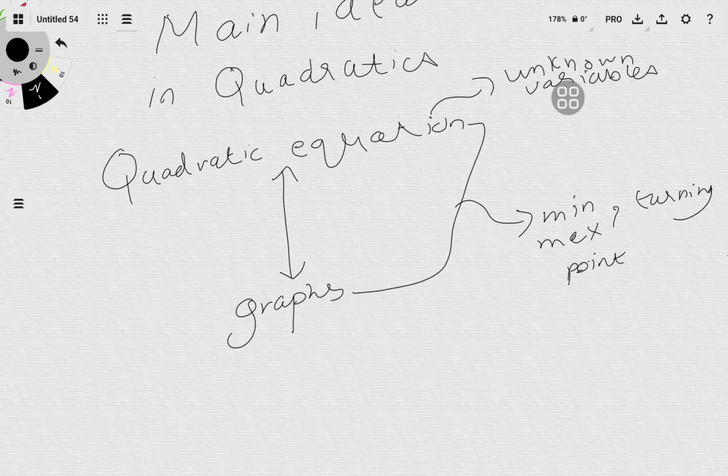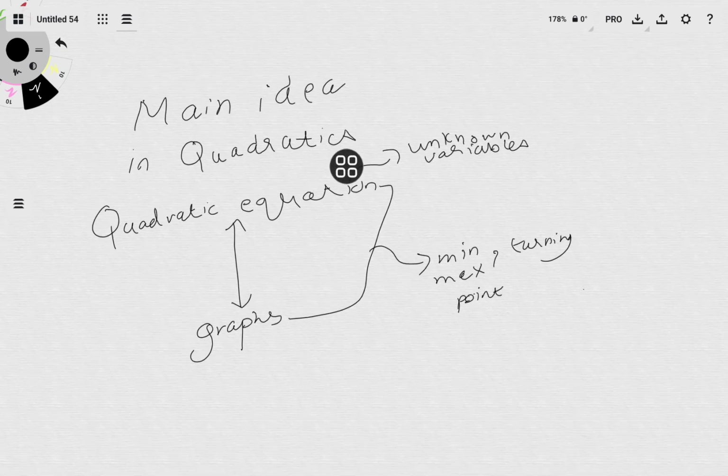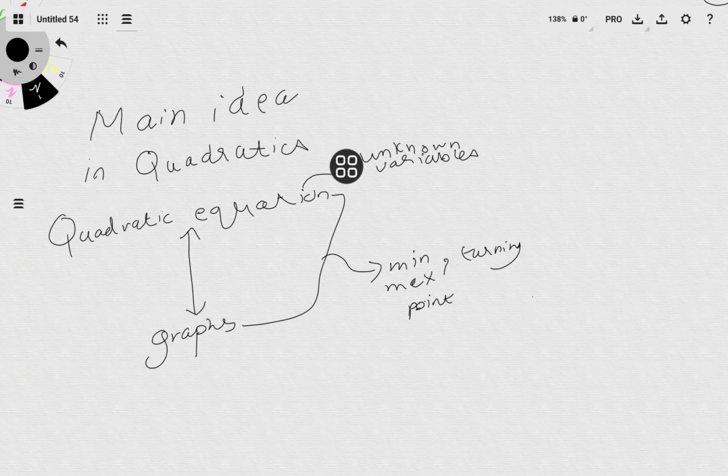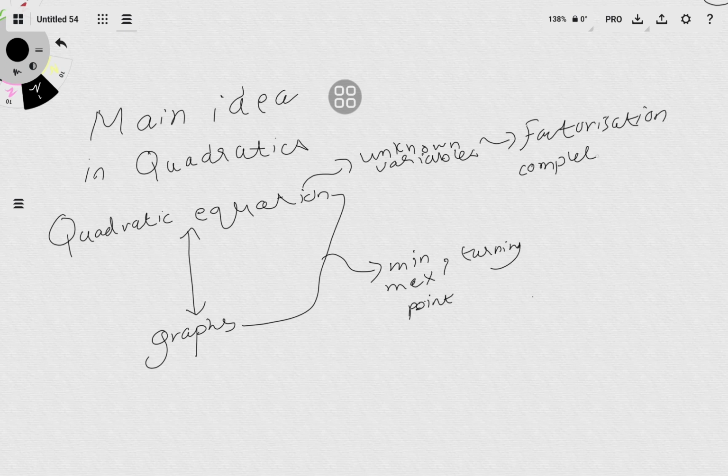That is what the basic quadratic equation is about, the unknown variables. These unknown variables can be calculated through factorization and completing the square.